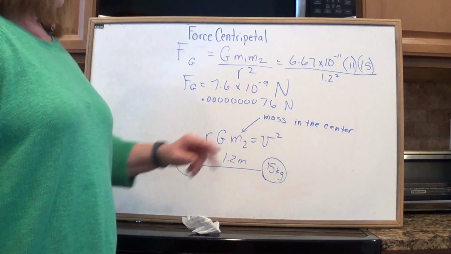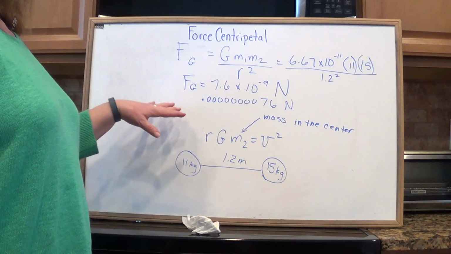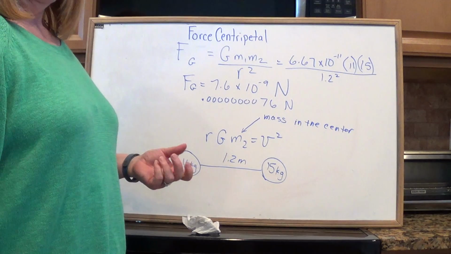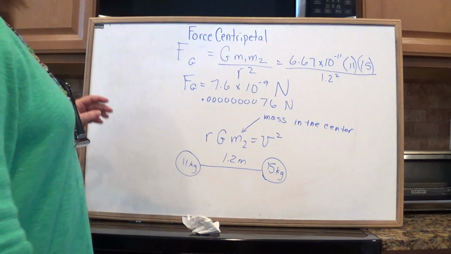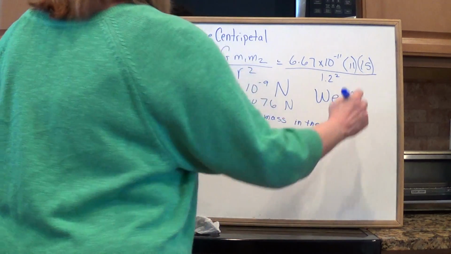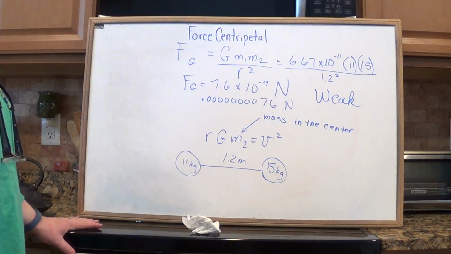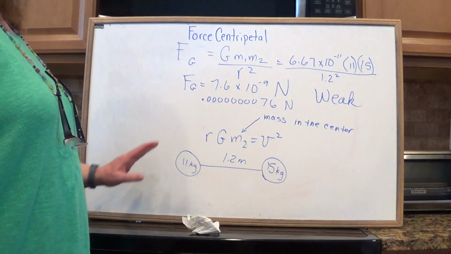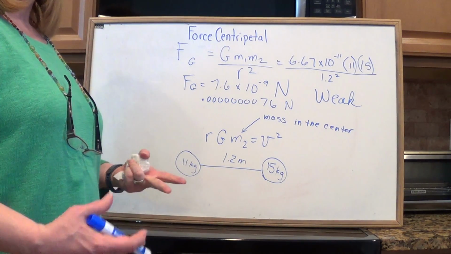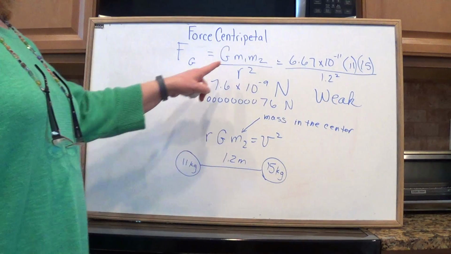From that, can you tell me if you suspect that force of gravity is a strong force or a weak force? It is very weak. Gravity is an extremely weak force, and that's why we don't have a lot of experience observing it in our world, because we don't have a lot of mass to look at.